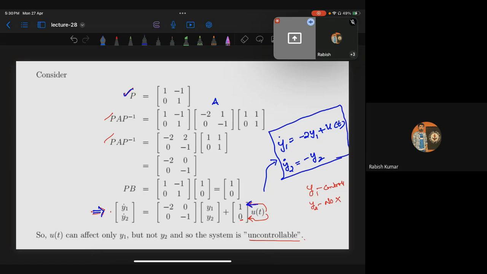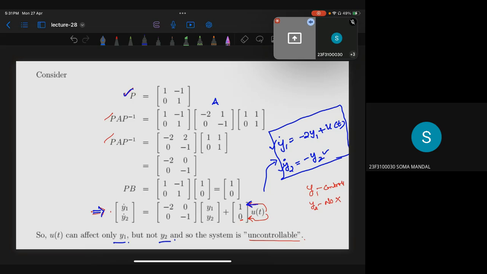In this, we can easily see that the first equation has the input, while in the second equation there is no input, correct? There is no u. So that is why this system is uncontrollable. If there is no input, we cannot control the y2 state variable. The u of t can only affect y1 but not y2, so the system is uncontrollable.